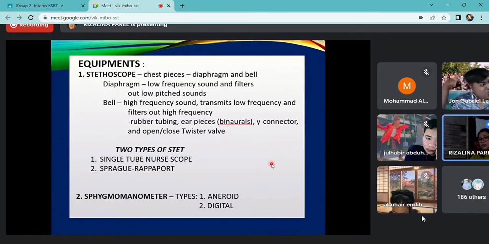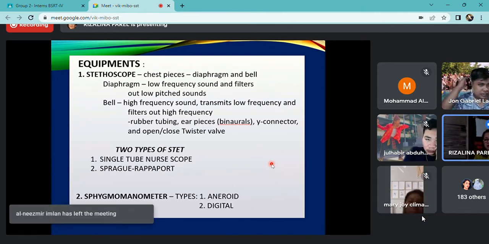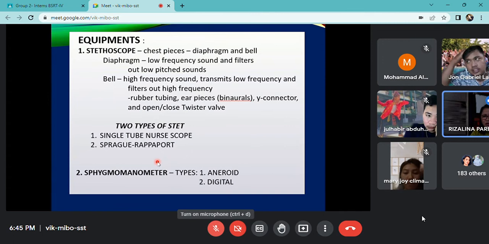Okay, so we need to be familiar with the equipments used in our blood pressure monitoring, the stethoscope and the sphygmomanometer. So we have several types na ng sphygmomanometer. Meron tayong aneroid digital, so tinanggal na yung mercurial because of the toxic effect ng ating mercury sa katawan once na masira yun or mabasag.